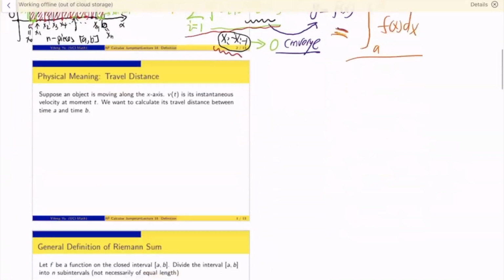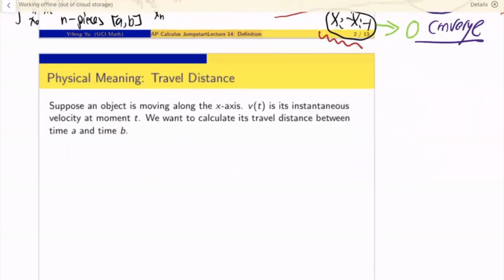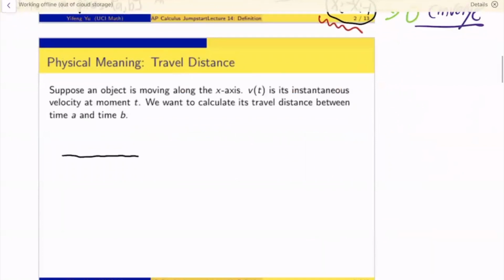Now let's look at one of its most important applications in physics. So here's a setup. Suppose that you have a particle that's moving along the x-axis, and the particle starts from here, at t equal to 0, and it's moving in this direction. v(t) represents the velocity.